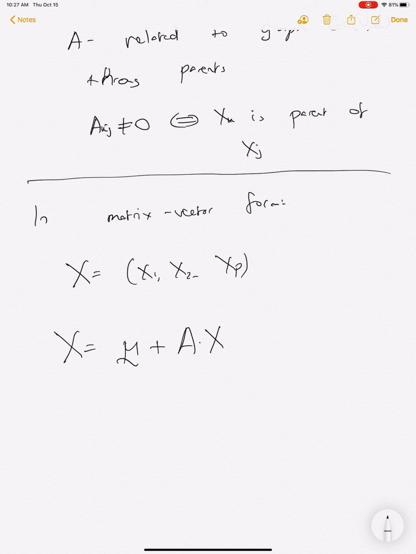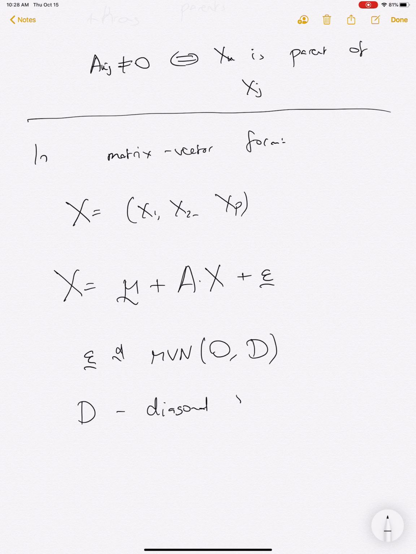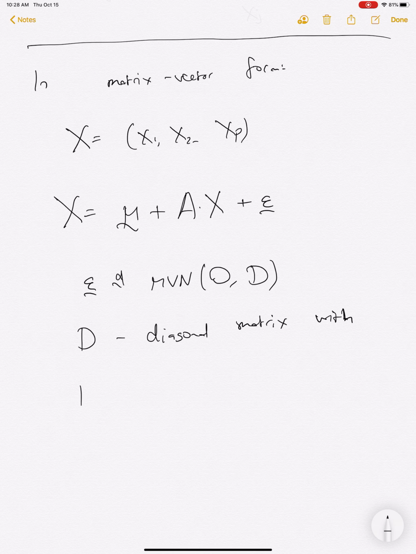So it looks kind of like an equation where x clearly depends on itself, and then plus epsilon, where epsilon is a multivariate normal with mean 0, and the covariance is D, where D is a diagonal matrix with d_jj equals sigma j squared.